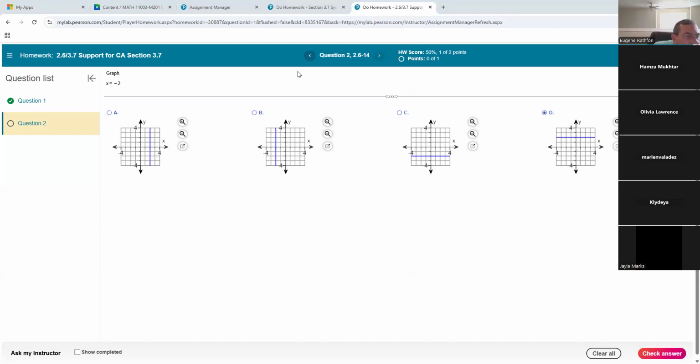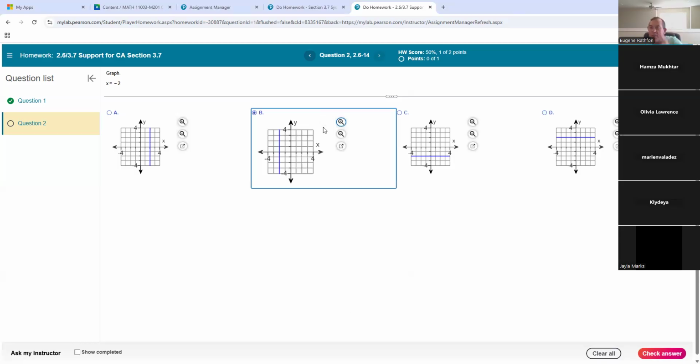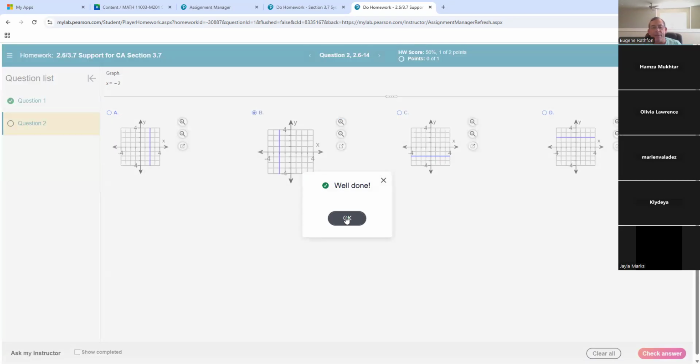All right, let me see. Y'all are starting to write. B, good job, y'all, because remember, x equals a number is a vertical line up and down, and it crosses the x-axis at -2. And y'all are perfect because B looks like it's crossing at -2, and it is a vertical line. So check that and be done, y'all.